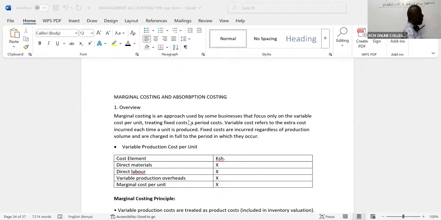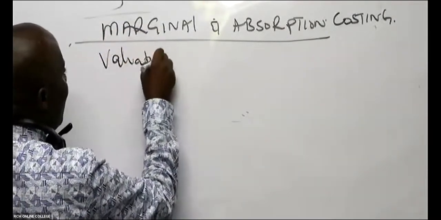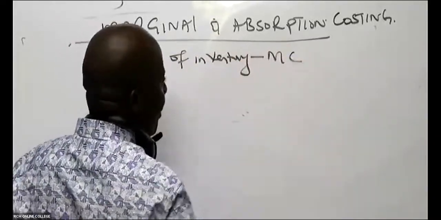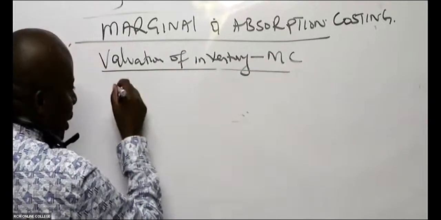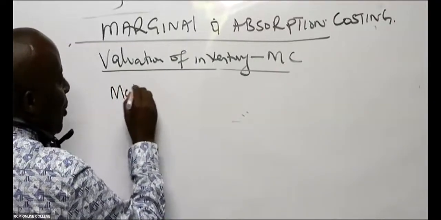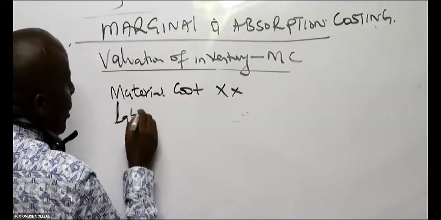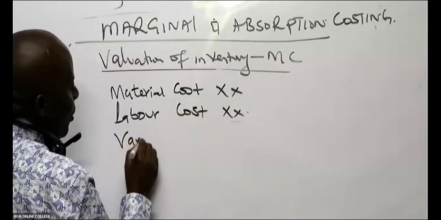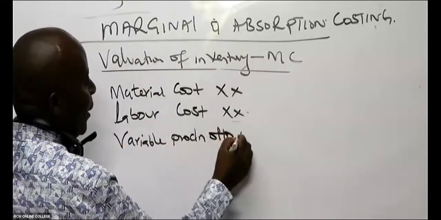Whenever we talk about valuation of inventory under marginal costing, I'll be calling this one here MC. This is how we shall always be valuing our inventory. So we have here material cost, we have labor cost, we have variable production overhead.